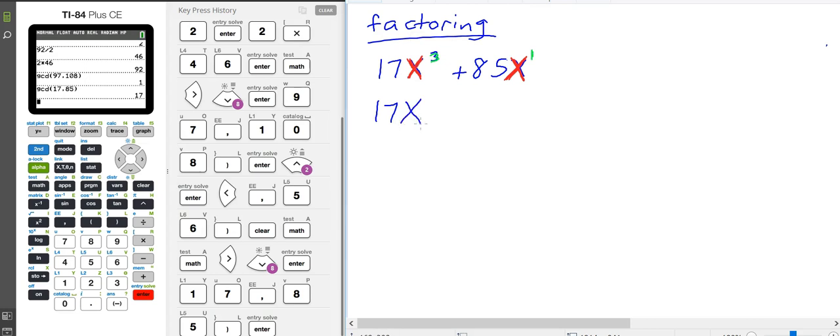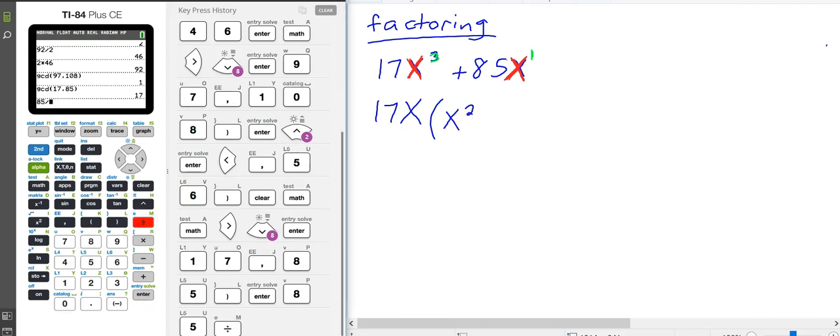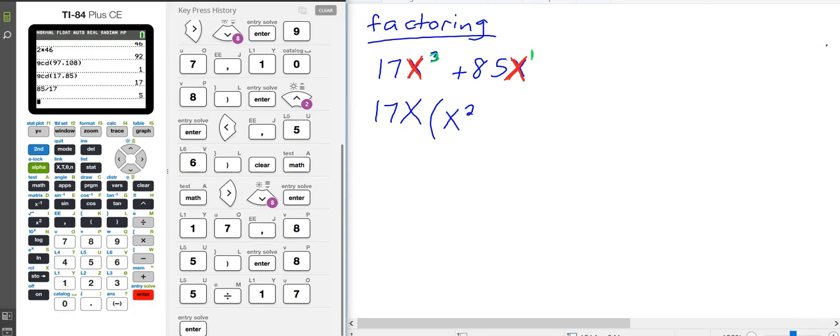So we're going to pull out 17x. 17x cubed divided by 17x is 1x squared, or just x squared. 85x divided by 17x. Well, let's see what 85 divided by 17 is. That's 5. And we pulled out the x from that, so this would be the factored form.